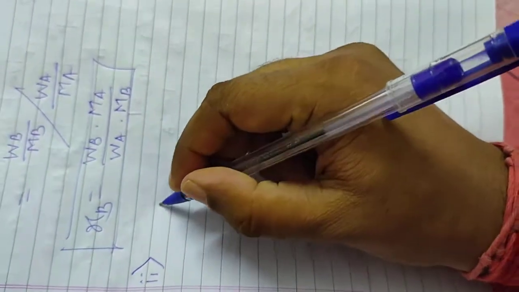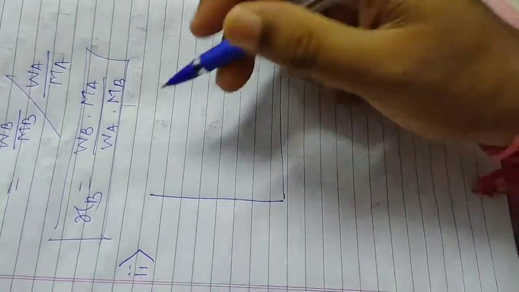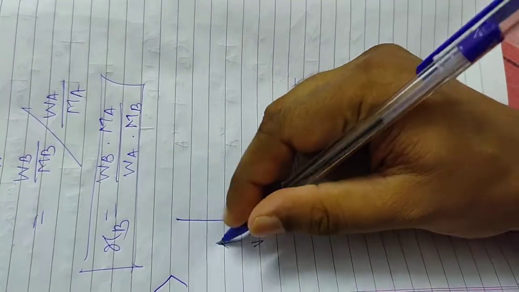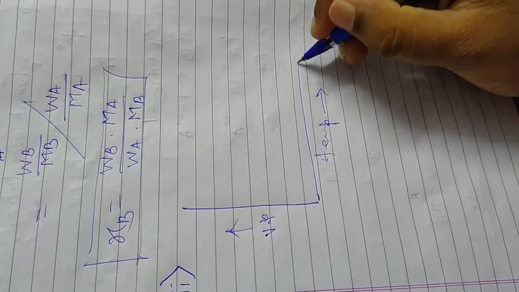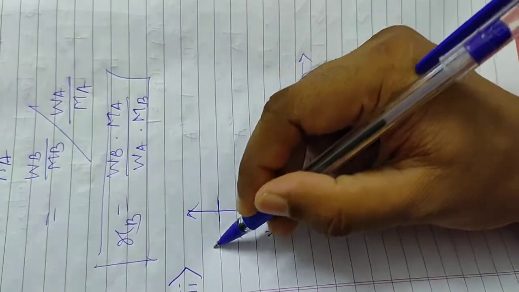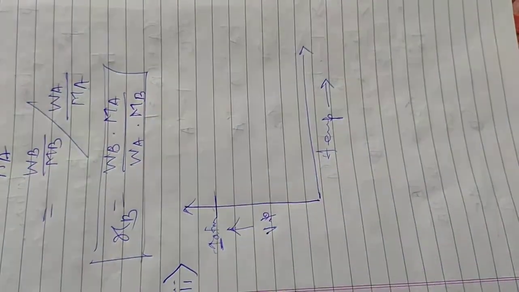This is the figure. Pressure, vapor pressure, and temperature. This is the marking of 1 atm.